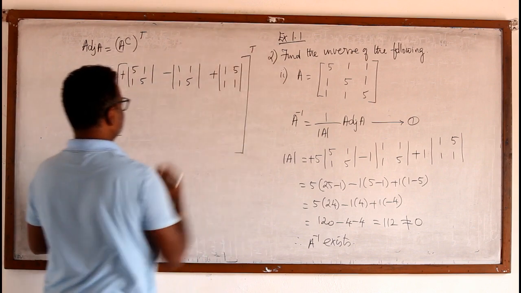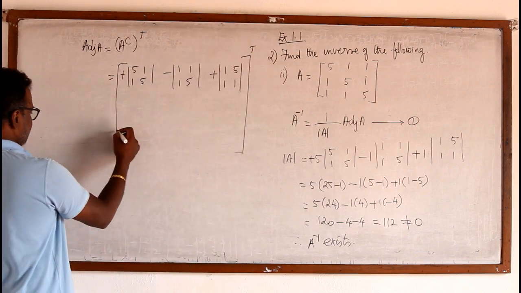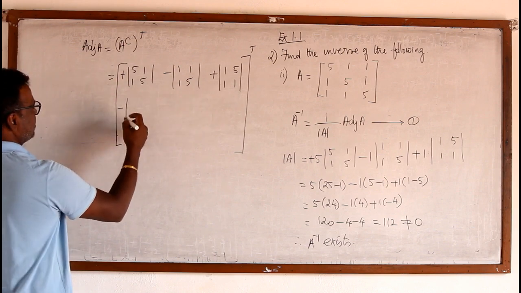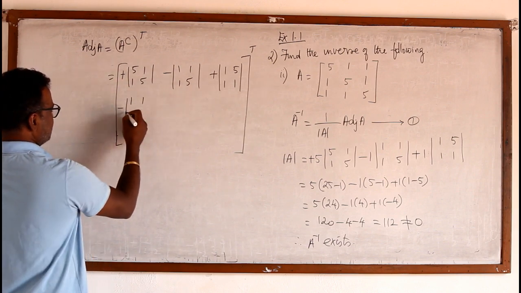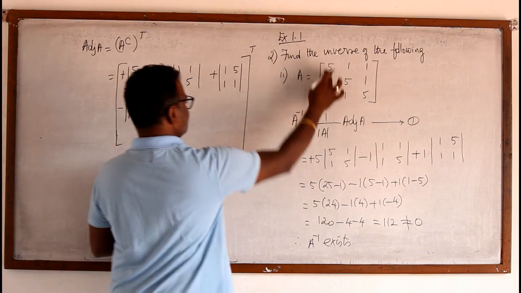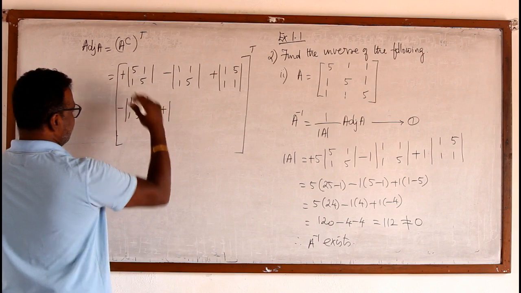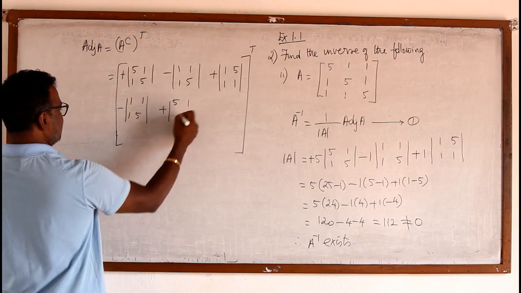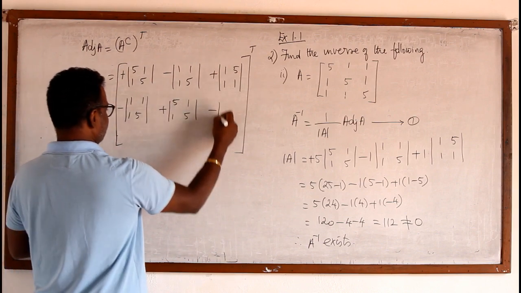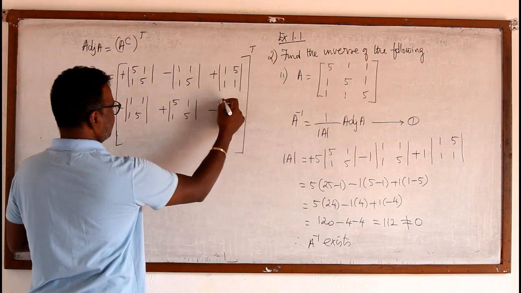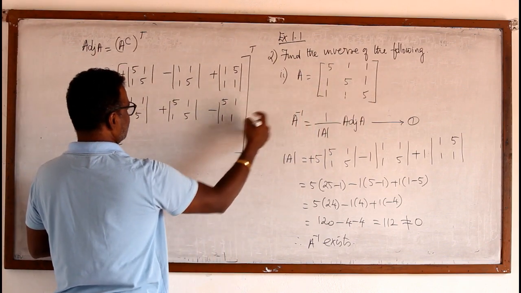Remember the transpose. Just find the cofactors for the second row alone. Minus, that is 1 1 1 5, when I omit this row and column. Plus, always the corner elements, 5 1 1 5. Minus, for this one, omit this row and column, 5 1 1 1.